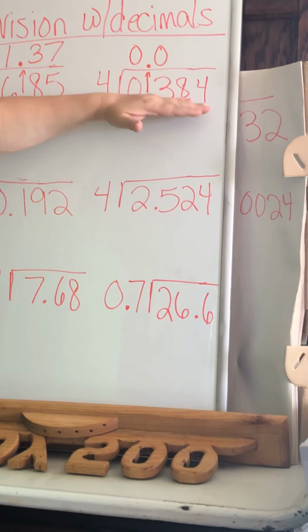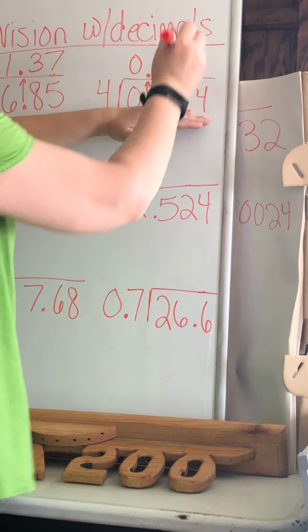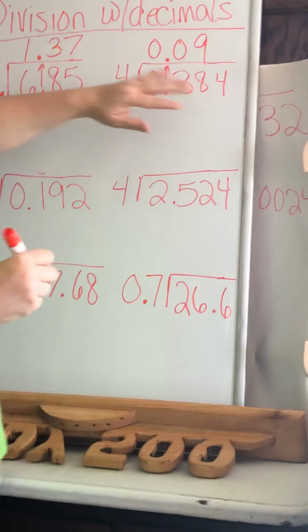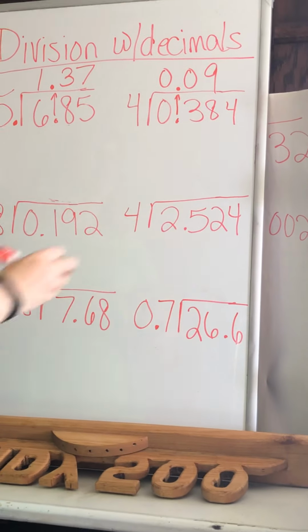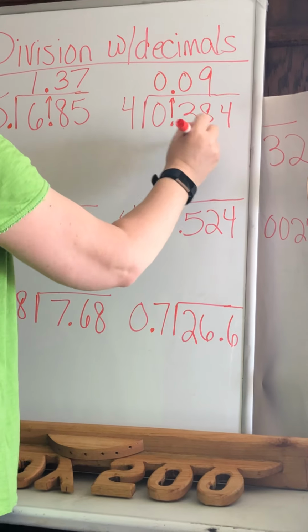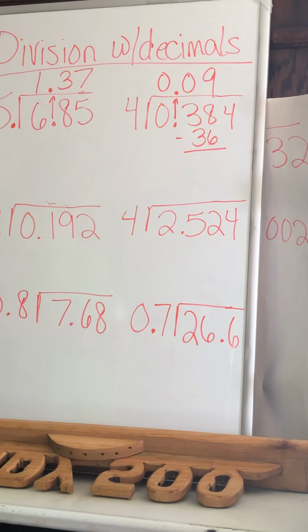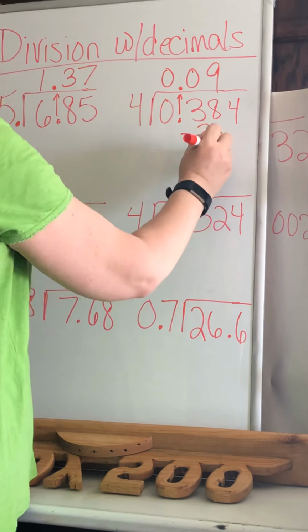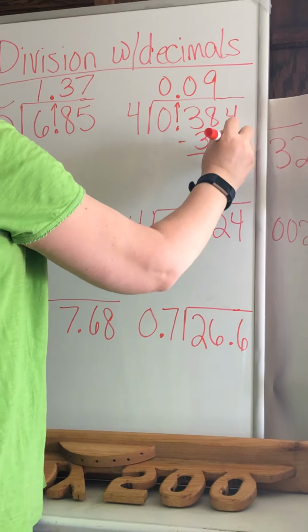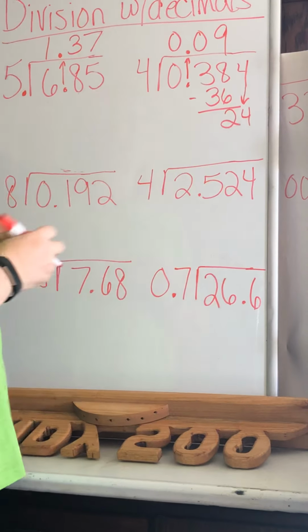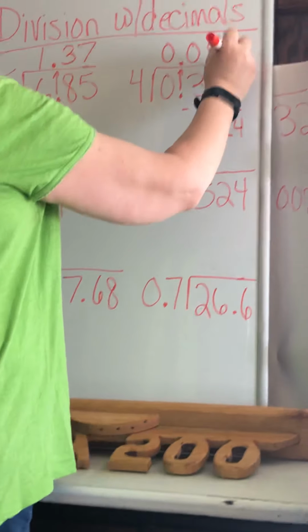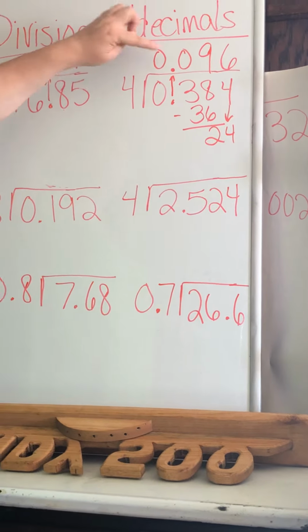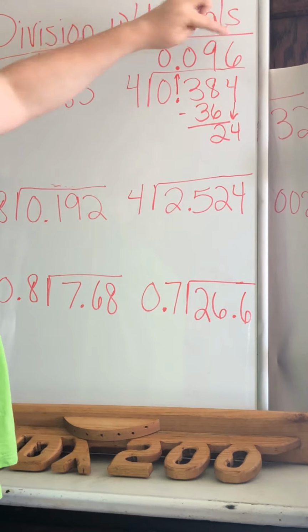But 4 can go into 38 9 times. 4 times 9 is 36. 38 minus 36, well, you've got 2 left over. Let's bring down that 4, and 4 goes into 24 6 times. So our answer is 0.096.